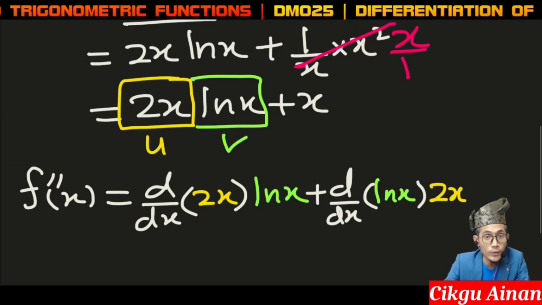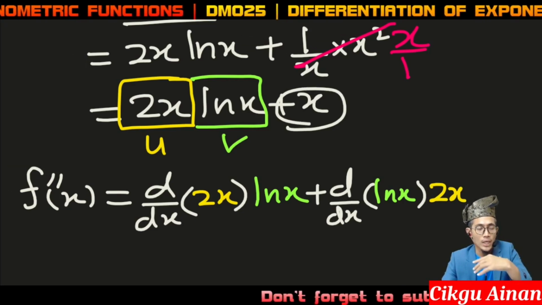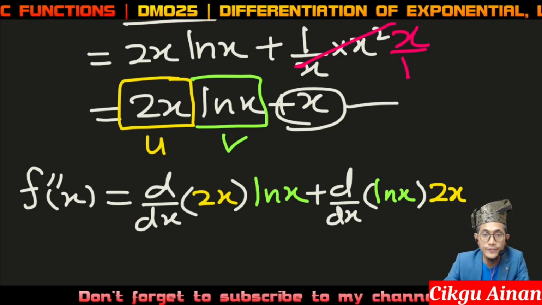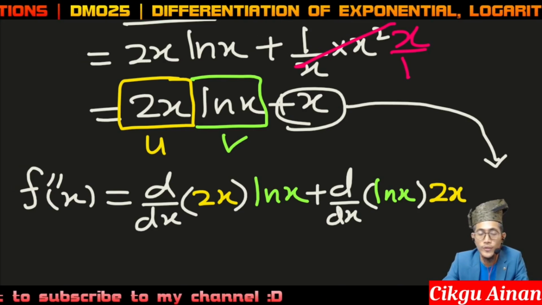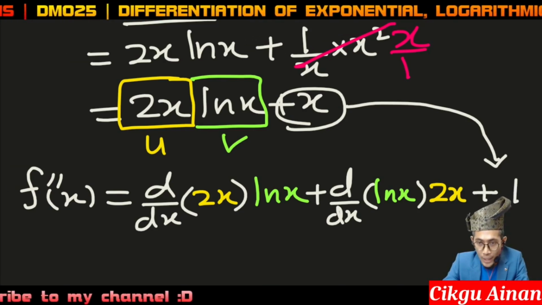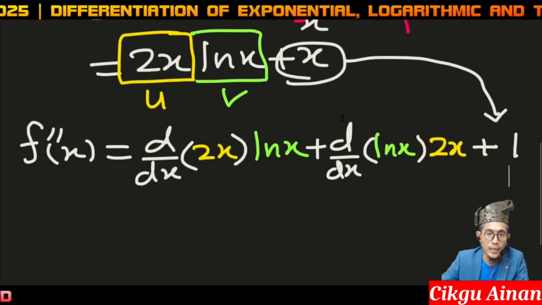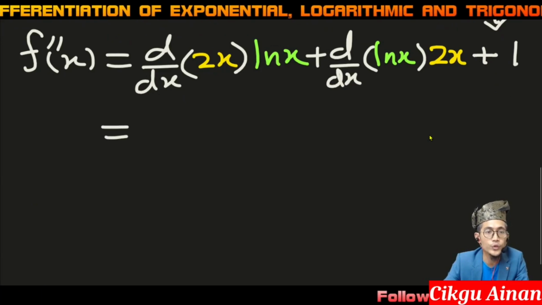Then don't forget, we still have this expression, but this is not by using the product rule. So we just differentiate this x. x differentiate with respect to x is 1. Now, I scroll a little bit further down for you to see better.